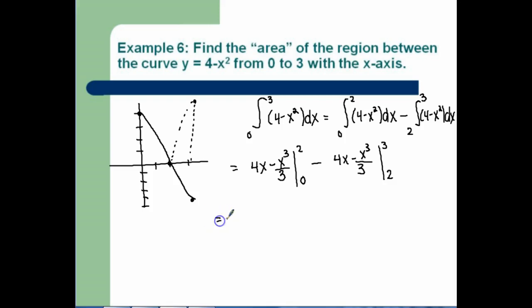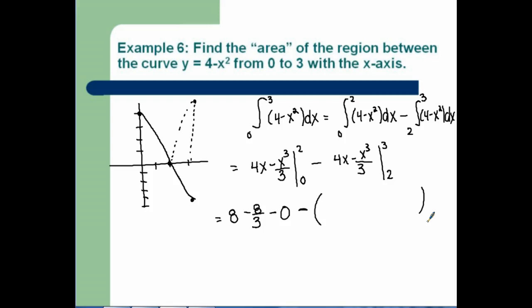So plug in your top. 4 times 2 is 8. 2 cubed is 8, so you get negative 8/3. Plugging in 0, what am I going to get? Zeros, right? Here's where you have to be really careful. That negative has to distribute to everything in the f of b minus f of a on the other part. So it is important to put parentheses here.